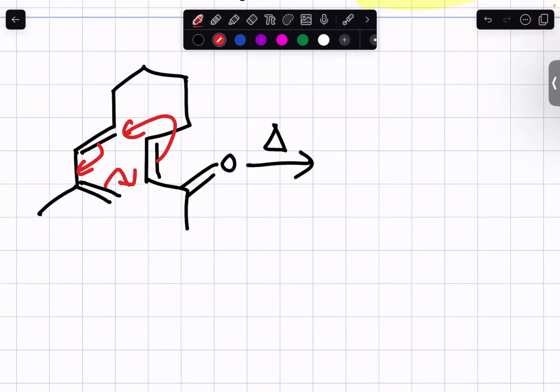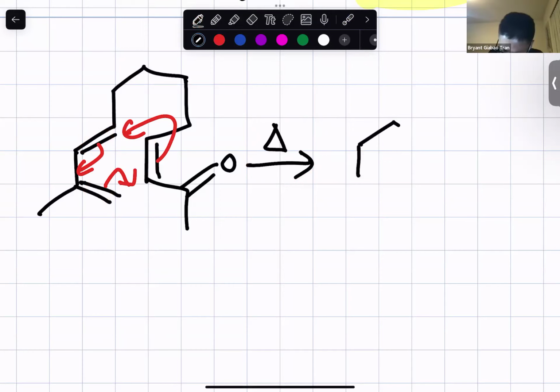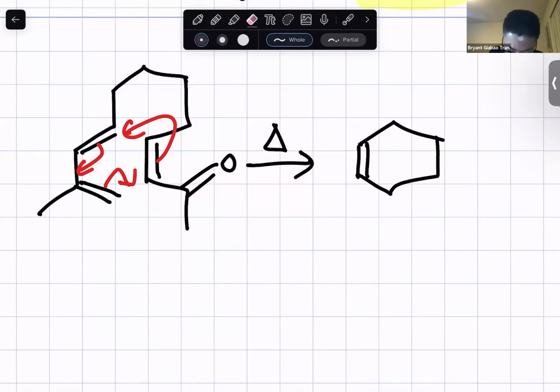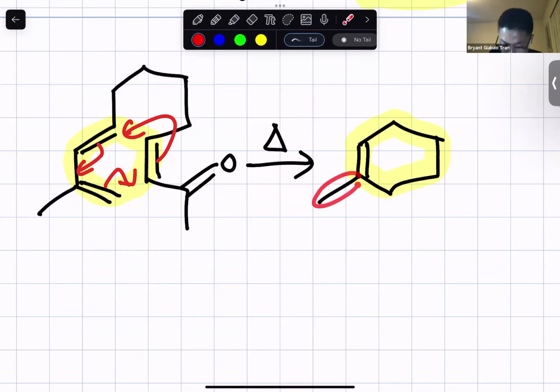So once I do that, I'm going to get this template right here. Let's say that this highlighted portion here is going to be this highlighted portion right there. This methyl group here is on an sp2 carbon, which is still going to be on an sp2 carbon, which is going to stay flat and planar, no wedge, no dash.